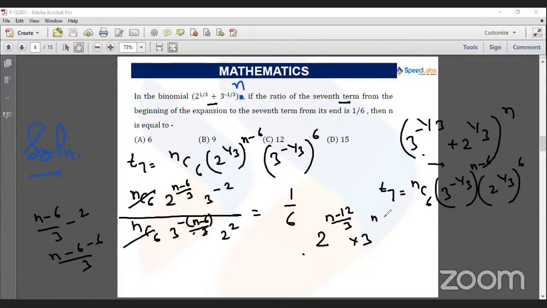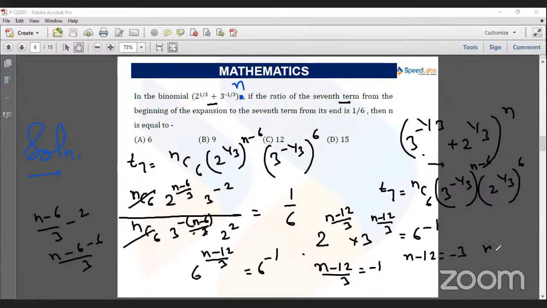This is equal to 6 power minus 1. So 6 power n minus 12 by 3 is 6 power minus 1. So n minus 12 by 3 is minus 1, n minus 12 is minus 3, n is equal to 12 minus 3, 9. So just by comparing, we can get the value n is equal to 9.